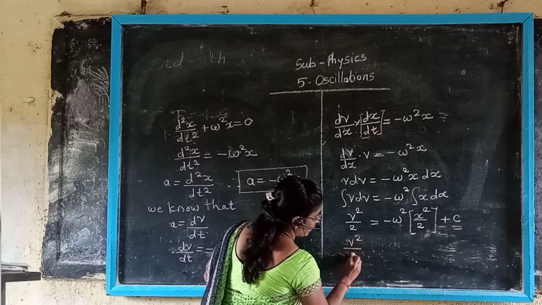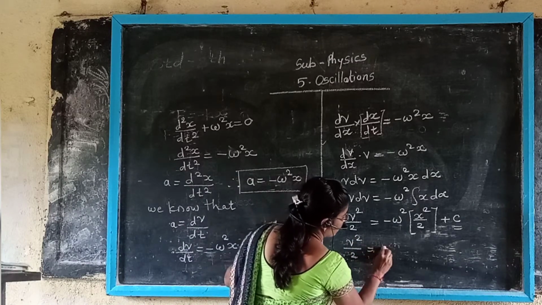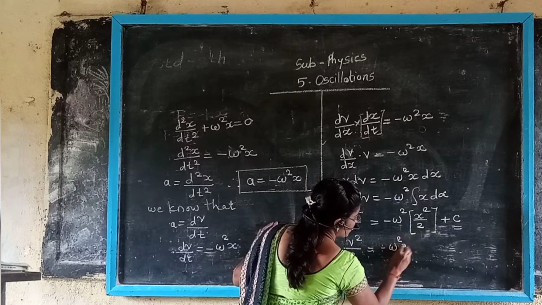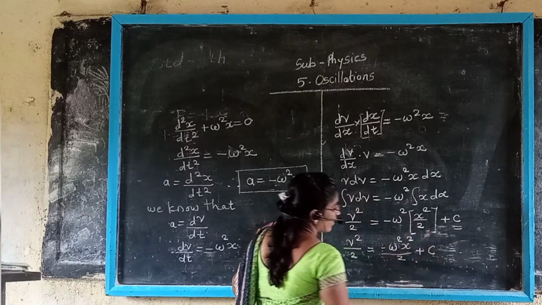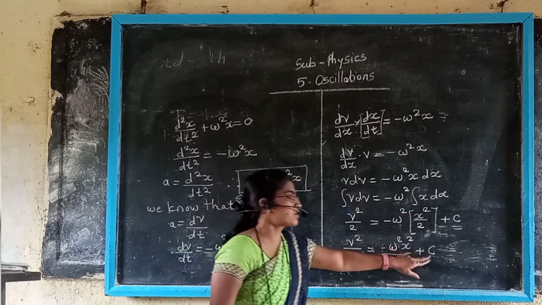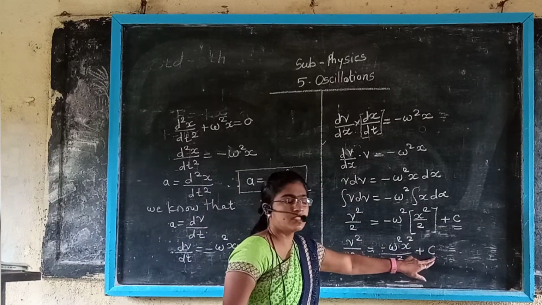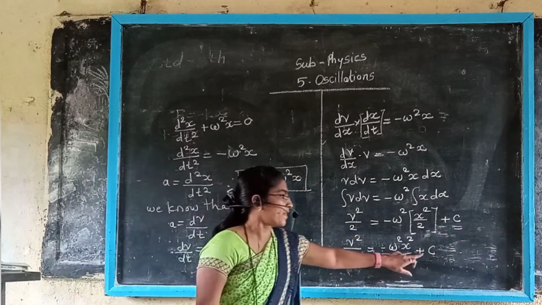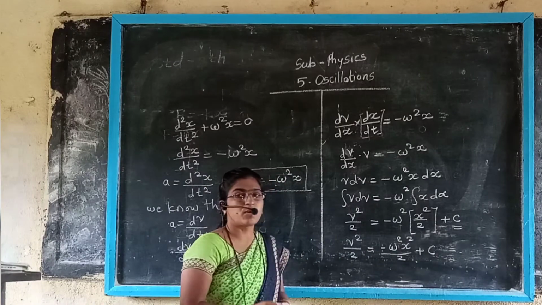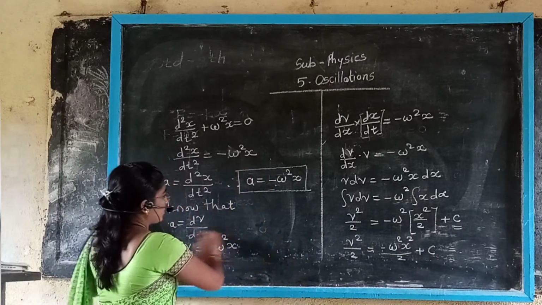So v square by 2 is equal to minus omega square x square by 2 plus c. First we have to find the value of this c, the constant of integration. To find this value, we have to use a boundary condition.